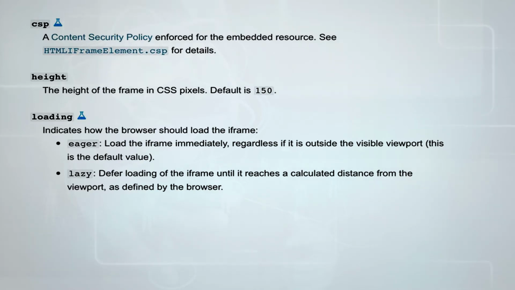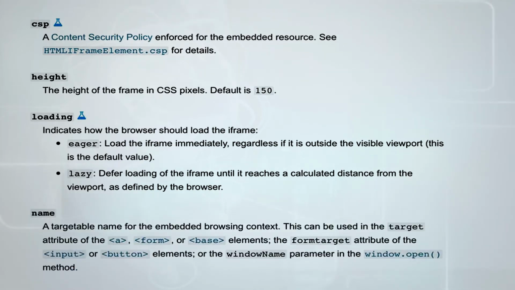Now let us consider another control called name, a targetable name for the embedded browsing context. This can be used in the target attribute of the a, form, or base elements. If you have this particular element, what you need to do is use the appropriate attribute for the same.